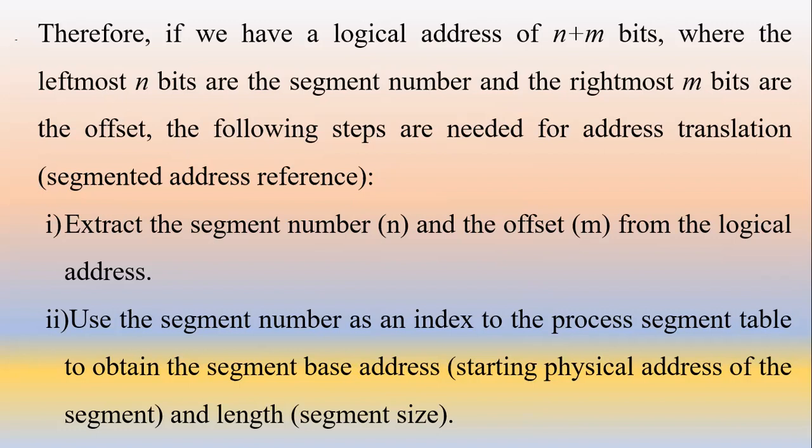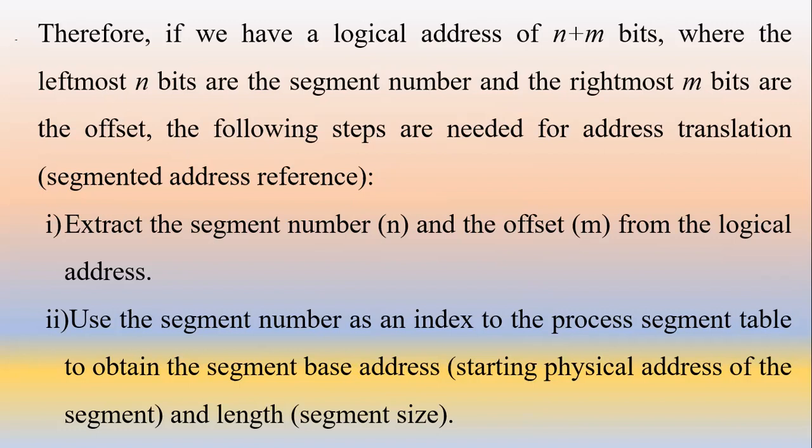So if, for example, we have an 18-bit logical address for a system, and we are informed that, for example, 6 bits represent the segment number, that is n, then to know the offset, you get the 18 bits and subtract the number of bits that represent the segment number, for example, 6.